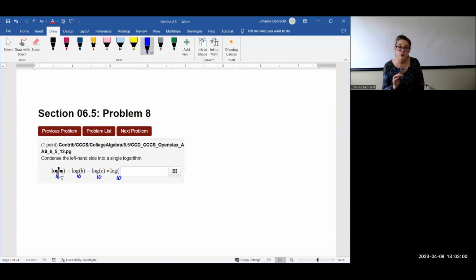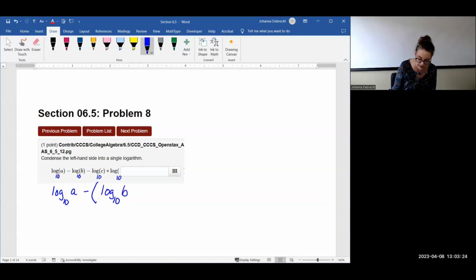So the next thing I'm going to do is contract anything that had addition in it into a product, and anything with subtraction is going to go into a division. So when we're looking at these, what you're actually doing is factoring out the minus from the last two terms first, so that you have log base 10 of b plus log base 10 of c.